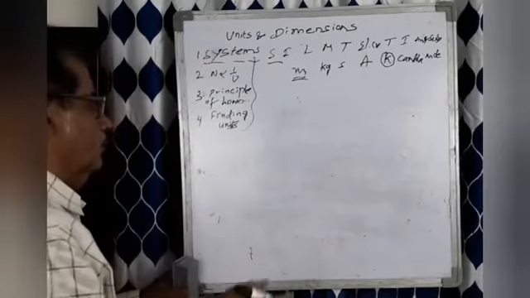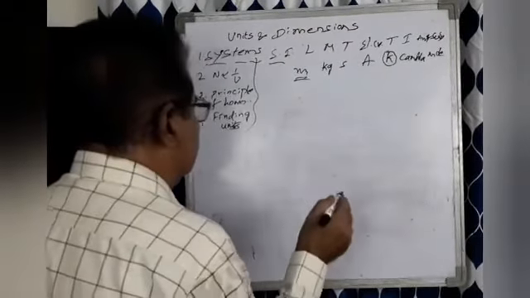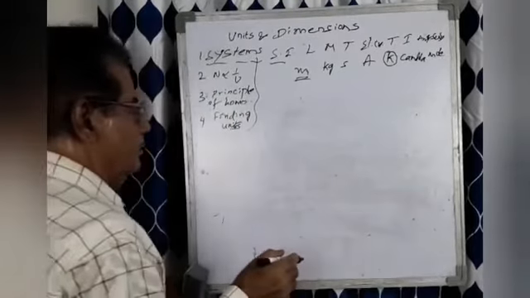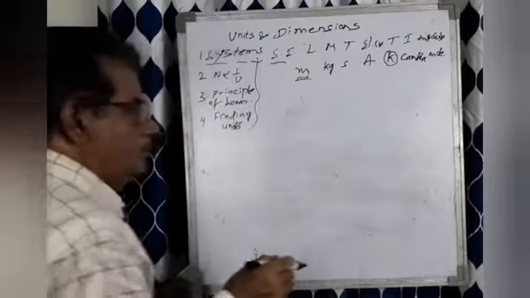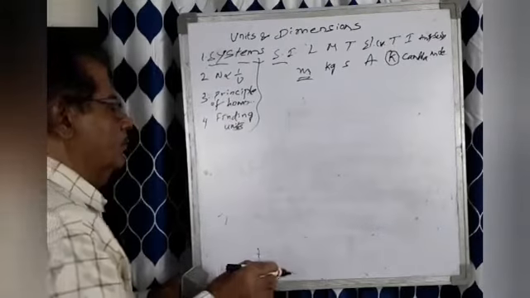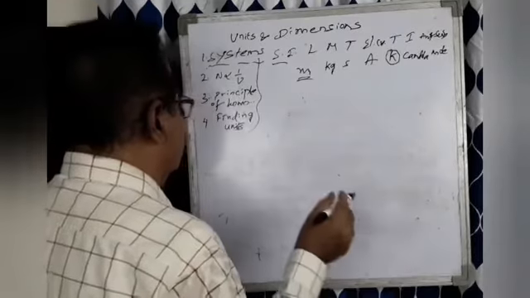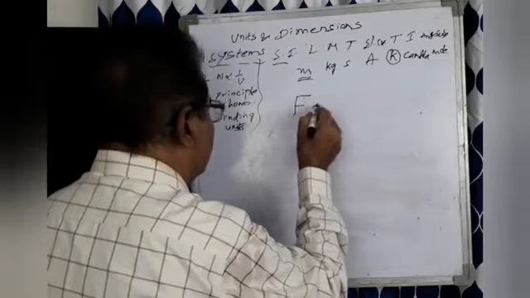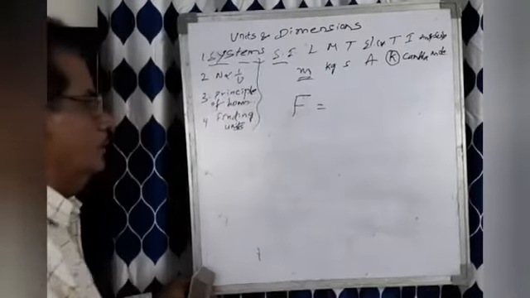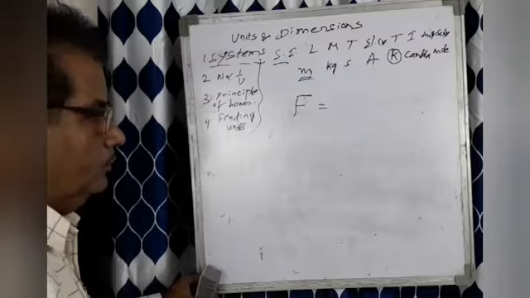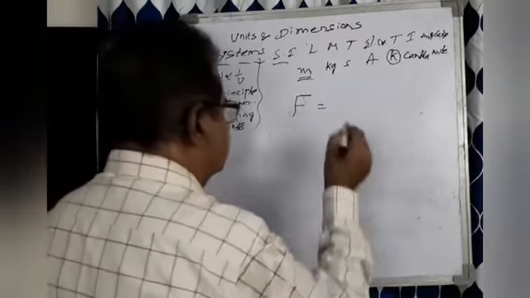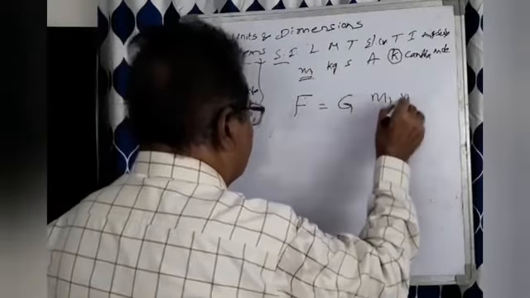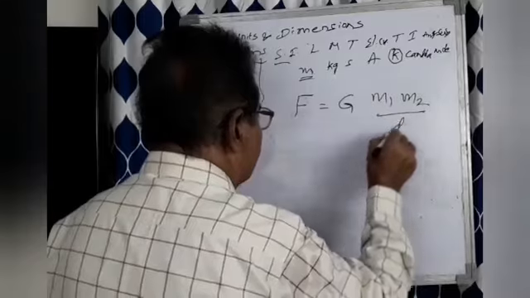For example, you want the unit for gravitational constant. You have the gravitation chapter in your 9th class itself, in your first year intermediate or plus 1. So in gravitation, we have a formula. Any two bodies in the universe will attract each other with some force. That force of attraction is given by F is equal to G m1 m2 by d square.